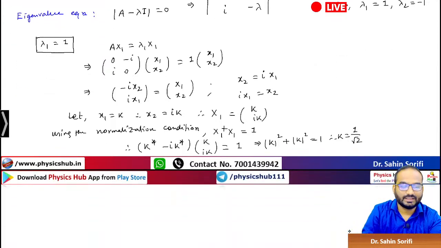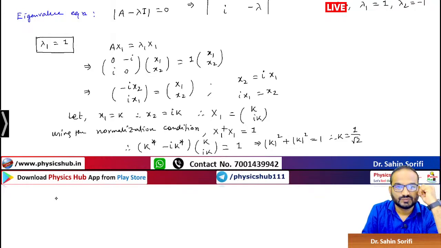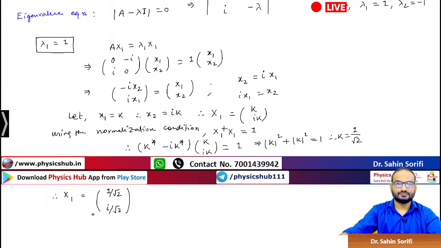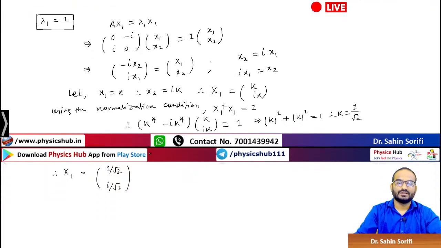So you can now easily write the eigenvector x1 equals 1 upon root 2 and i times 1 upon root 2. This is x1, corresponding to lambda 1 equals 1.